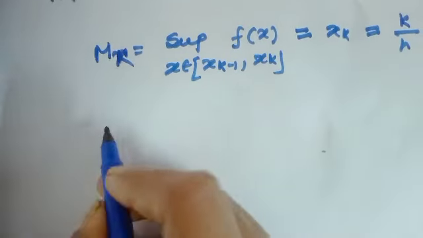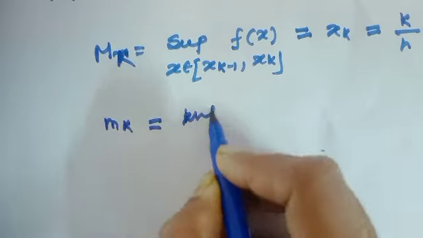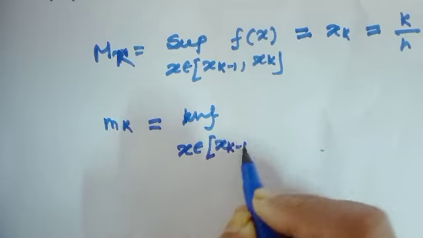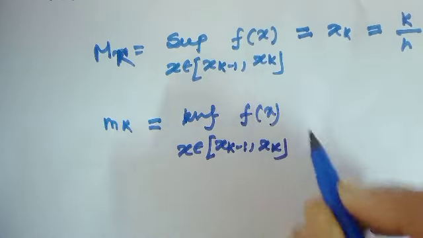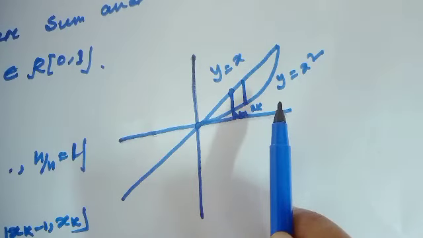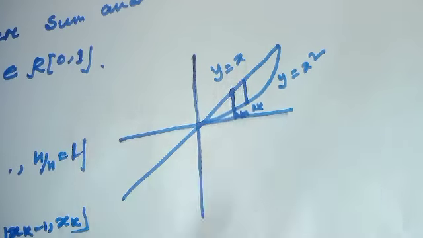Now we have to find small mk, which is equal to the infimum of f of x where x belongs to the closed interval xk minus 1 to xk. Obviously the infimum exists on the function y equal to x square.